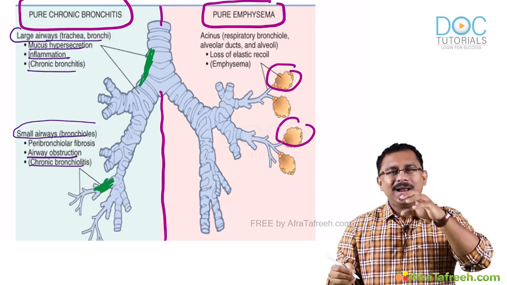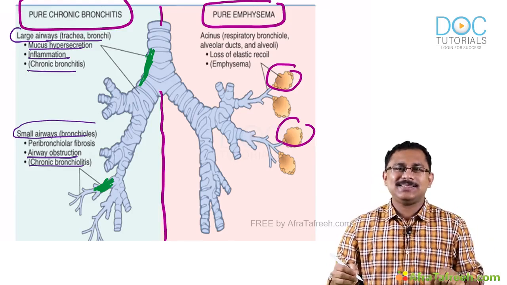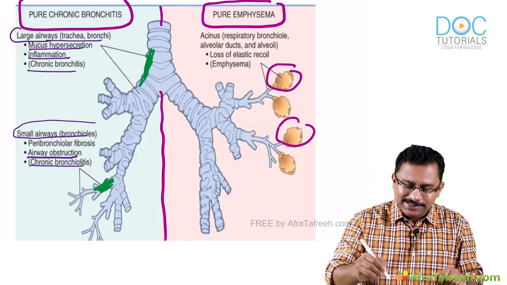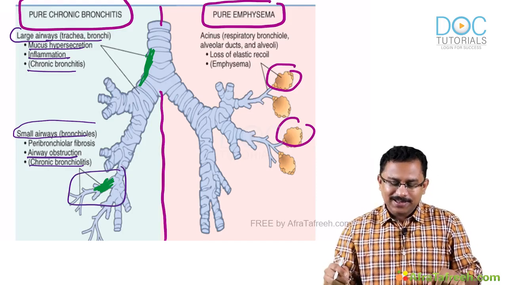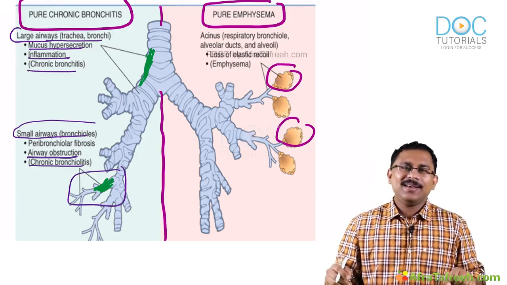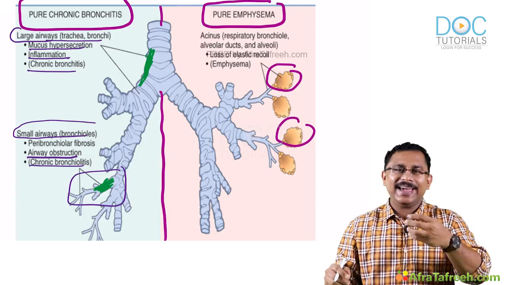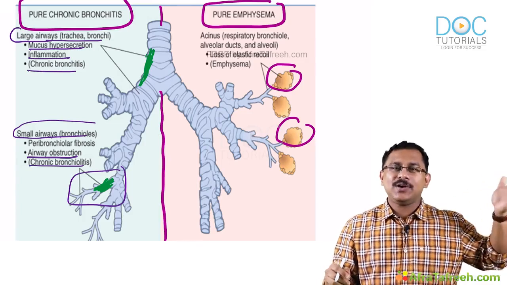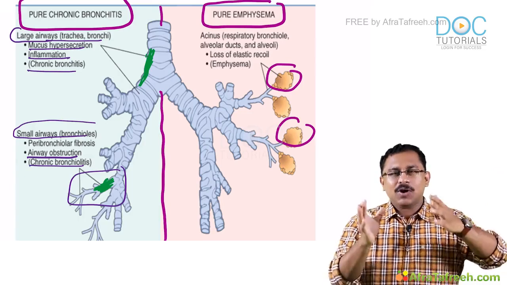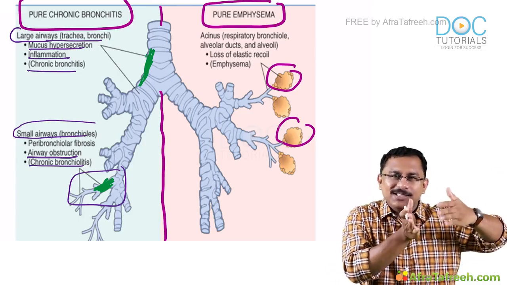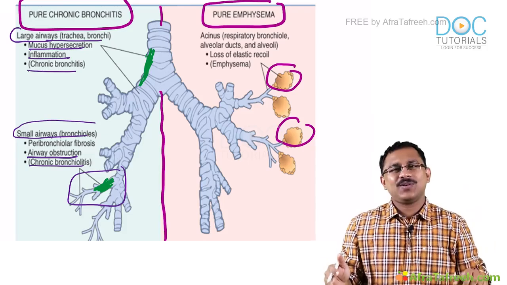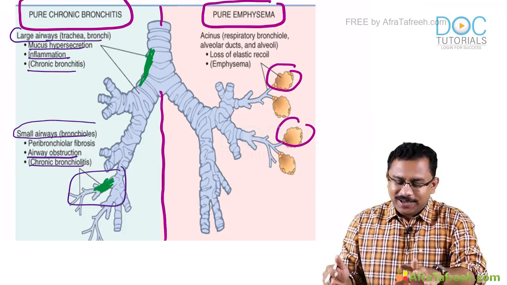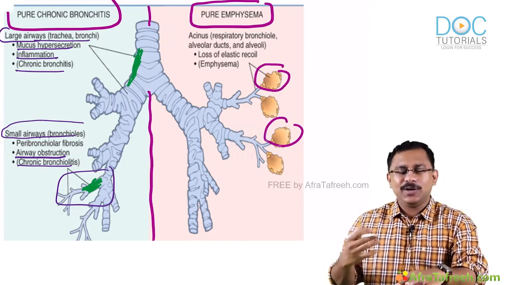Now when plugging happens in the airways, suppose the plugging has happened here, then air is not able to enter the subsequent smaller units, which are your alveoli. It is almost like that particular part of the respiratory unit is cut off, so air is not able to enter.